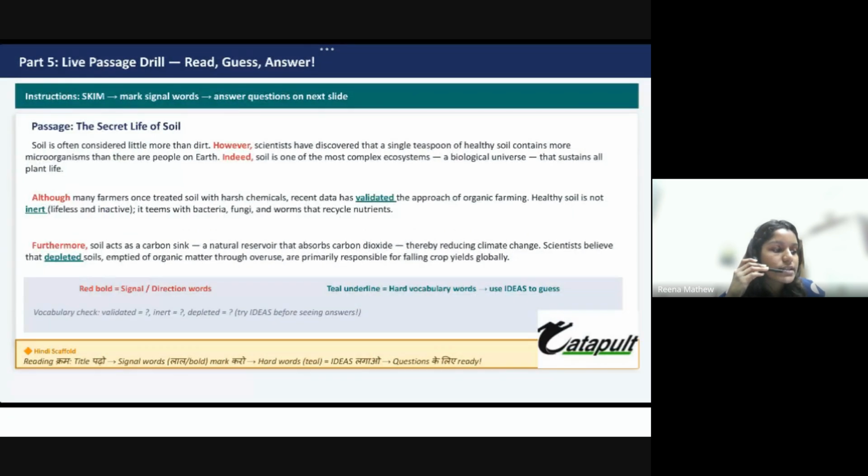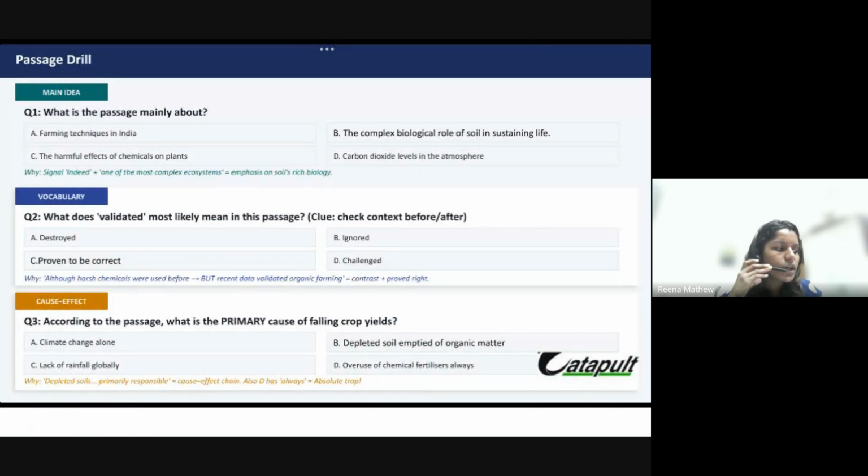So how did you understand? Look at the third sentence. Third sentence mein the signal word indeed hai. So indeed matlab ek idea is getting emphasized. So there are more chances for that to be the main idea of the passage.